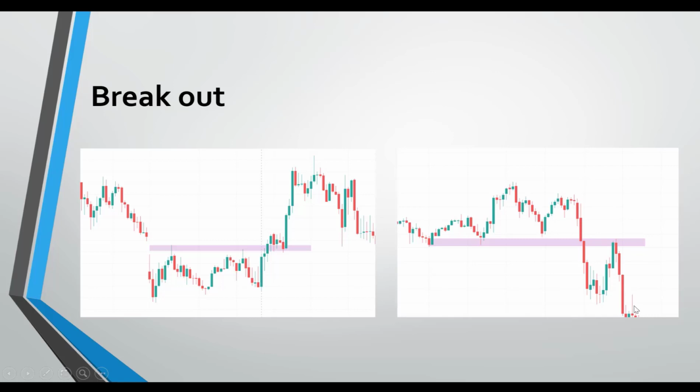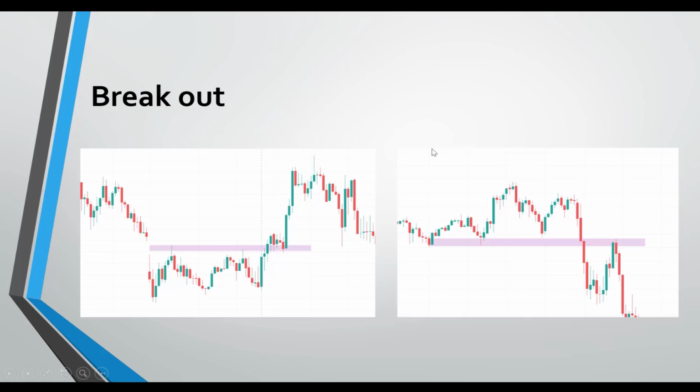But pullback can be different. In the picture on the left, we can have a pullback, and the rest of the trend would be bullish. But on the right, we have a pullback, and for the rest of the trend we have a bearish trend. Finally, I can say these two photos were about breakout.